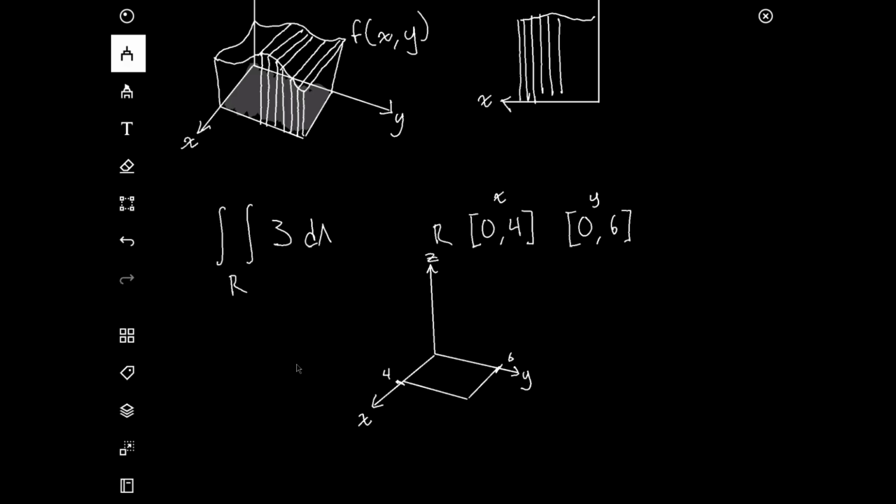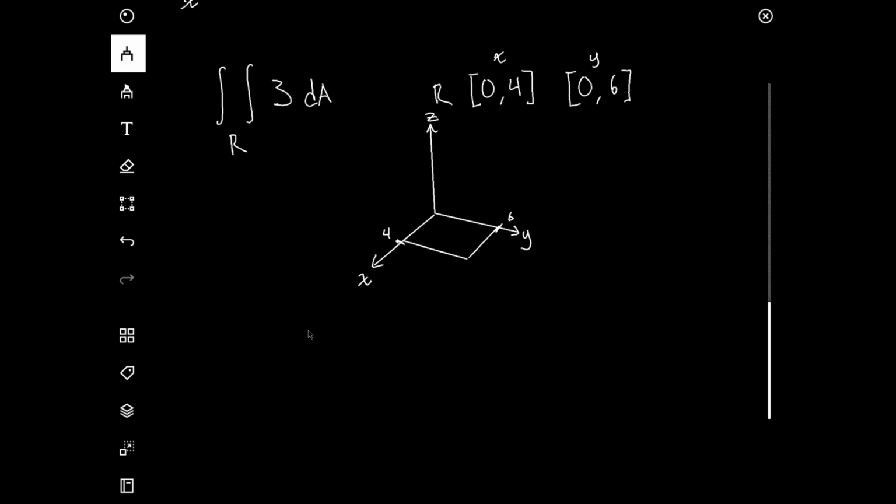And at any point in this rectangle, this is the domain of the function. And if we look at what the function is, our function is simply 3, right? So from that we have f of x, y is equal to 3.